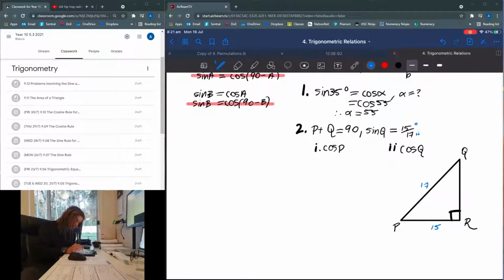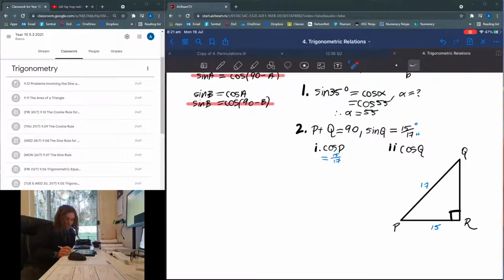Well, cos is adjacent over hypotenuse. Can you see that I didn't even need to work out what this is in order to get that? This is simply equal to 15 over 17.